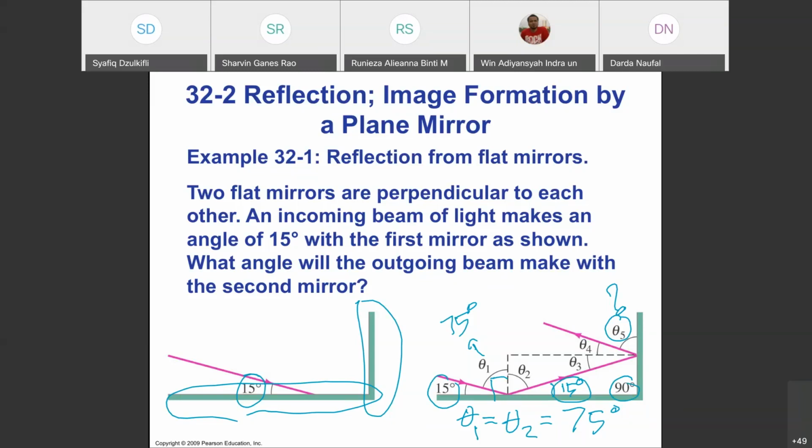So this one must be, because this is a triangle, 180 minus 90 minus 15, equal to 75. It's not 85, it's 75. That makes theta 3 equal to theta 4 equal to 15.